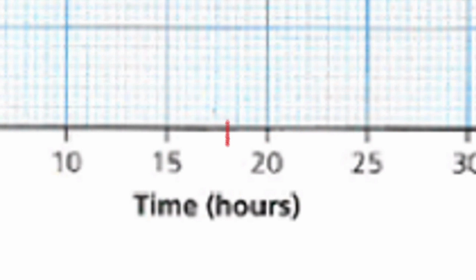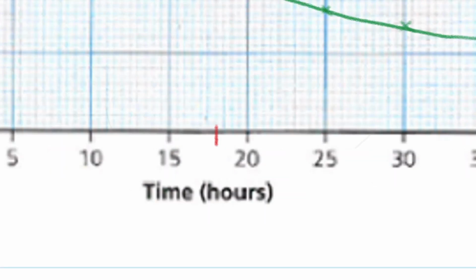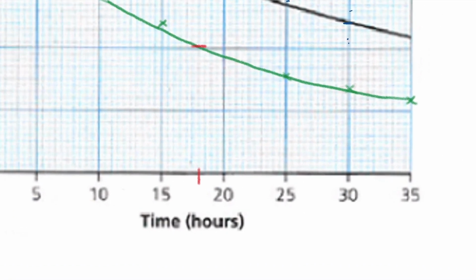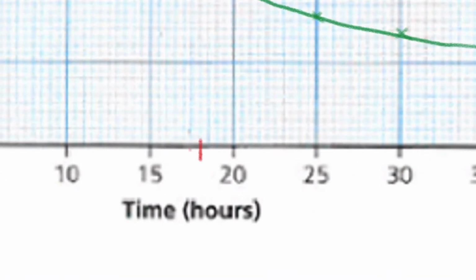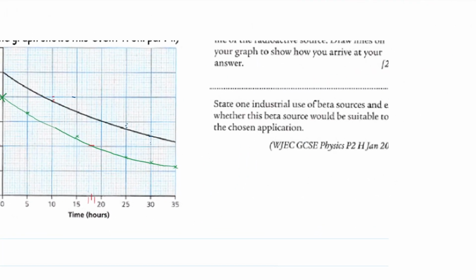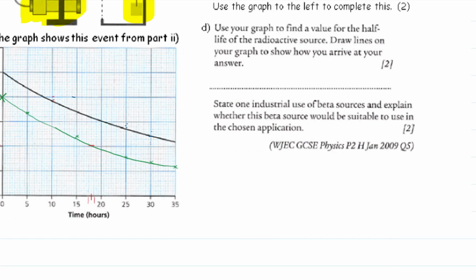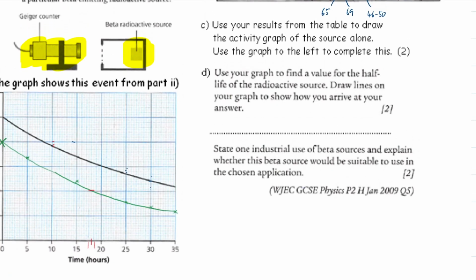Again, you might have drawn your graph slightly differently to mine, so we'd allow anywhere between 15 and 17 hours. I'm just writing the answer there. So I'm writing in 16 hours, and we allow plus or minus 1 hour.